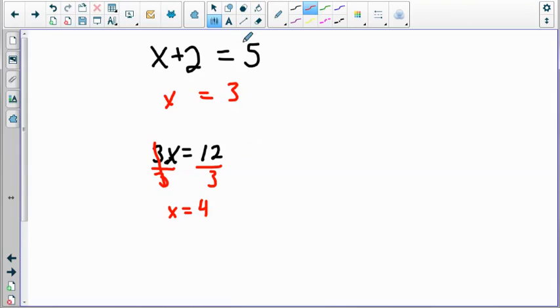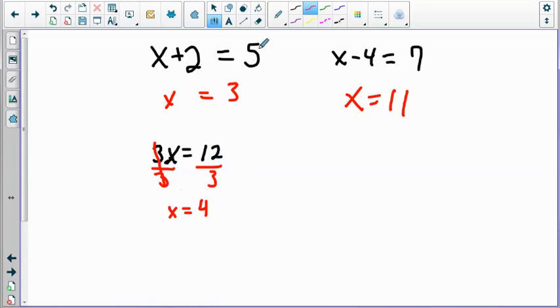And you have the same thing with subtraction. If you had x minus 4 is equal to 7, you would add 4 to both sides. Negative 4 plus 4 is 0, of course, and 7 plus 4 is 11. Does 11 minus 4 equal 7? It does. Does 3 plus 2 equal 5? It does. Does 3 times 4 equal 12? It does.